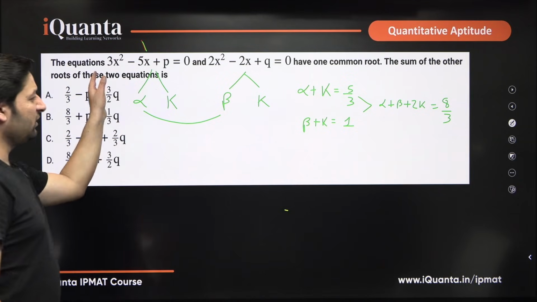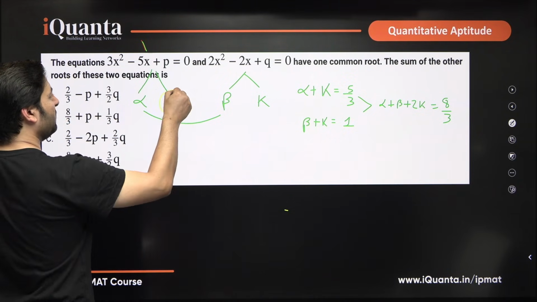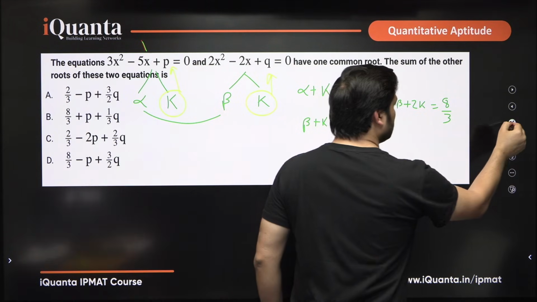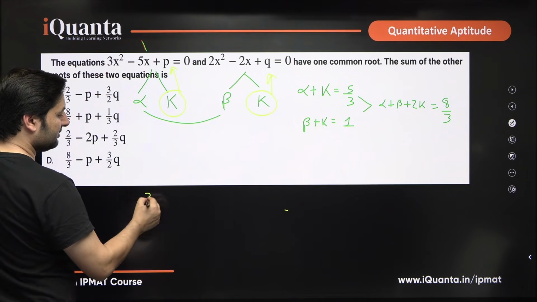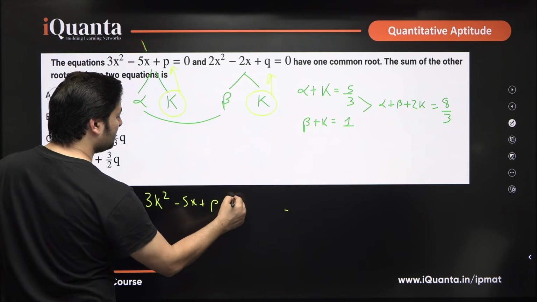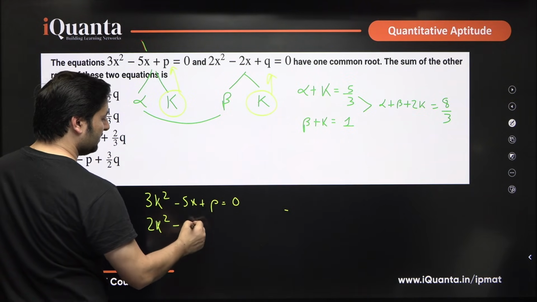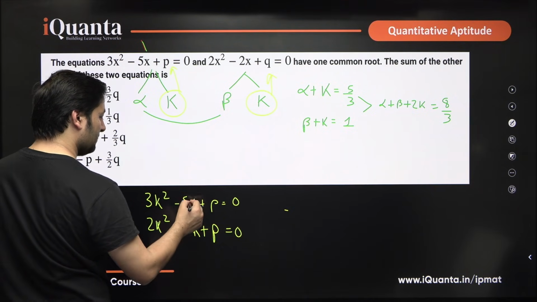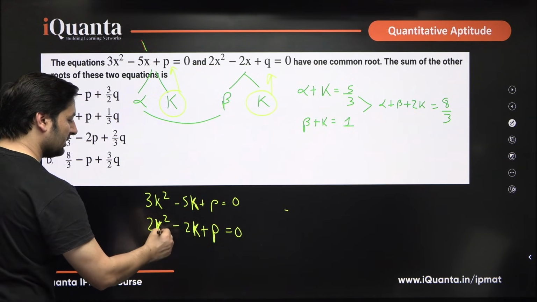If we have solved this much, I know that k is a common root. So if I put k in either equation, the value will become 0. Let me put k in both equations and I'll get two equations. Here I get 3k² − 5k + p = 0, and here 2k² − 2k + q = 0.